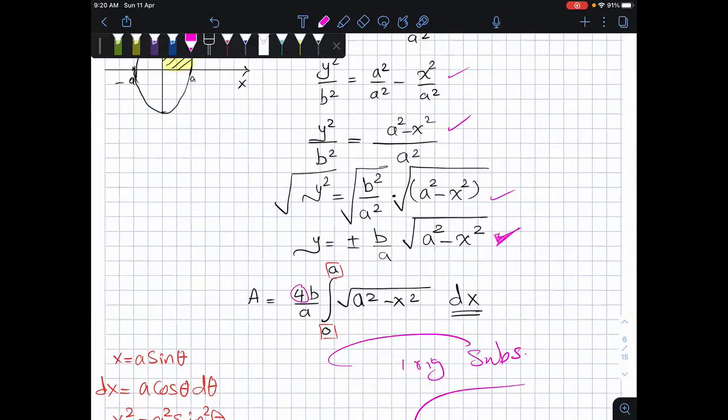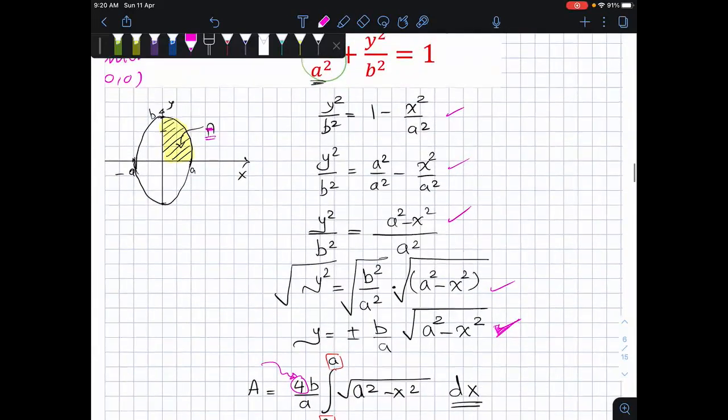Why this 4? Because you would like to find the area of the whole ellipse, and the ellipse is always symmetric about its axes. You move up a units and down a units, and right b units and left b units, like this.